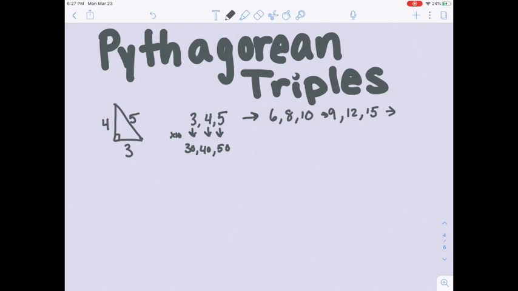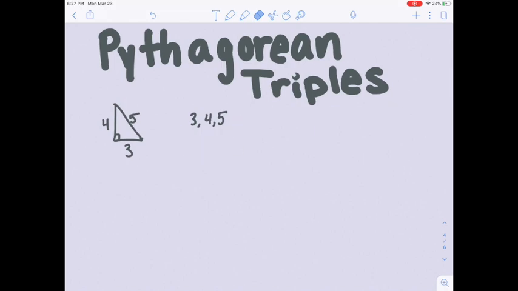There are a few others I'll show you. You don't need to memorize them, but sometimes it's good to know. I'm going to share three more other than 3, 4, 5, and just know that they can be scaled up or down. Even 0.3, 0.4, and 0.5 would also be a right triangle.